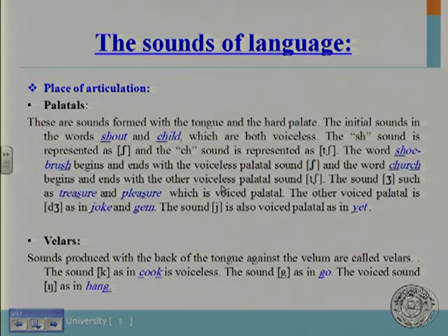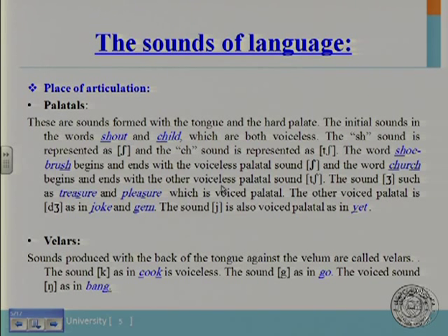We will continue with palatals. These are sounds formed with the tongue and the hard palate. The initial sounds in words like, for example, shot and child. Sh, ch. Now, these two sounds are voiceless.